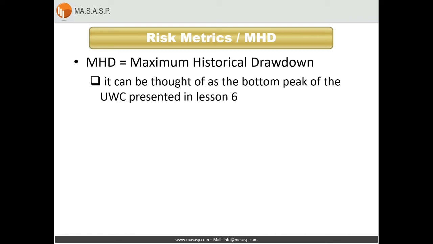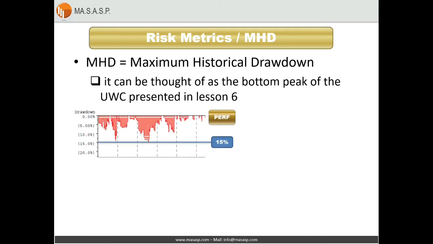The maximum historical drawdown can be thought of as the bottom peak of the underwater curve presented in Lesson 6. As regards this chart, we just focus on the right-hand side of it, and we take into account just the blue line for the time being.